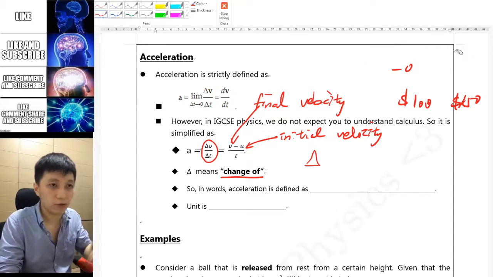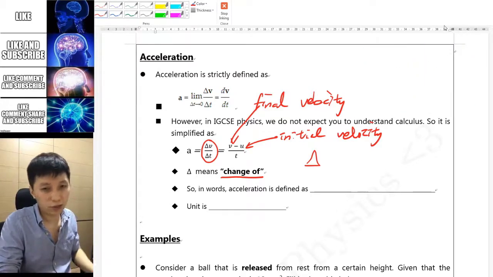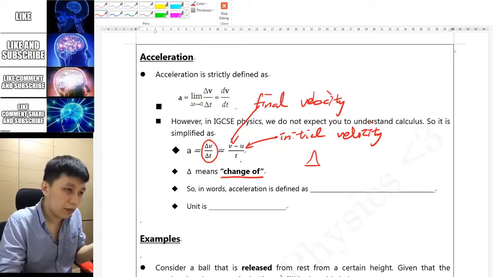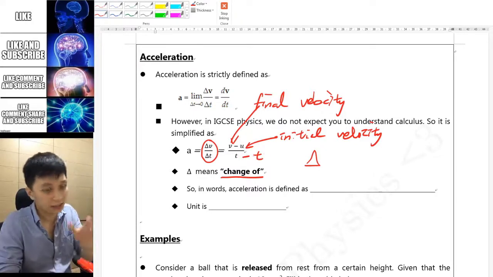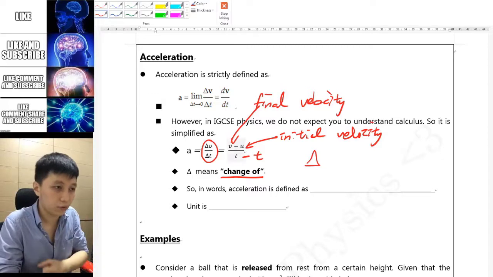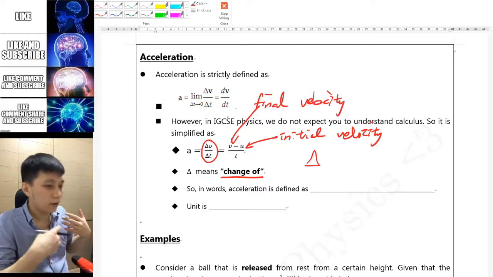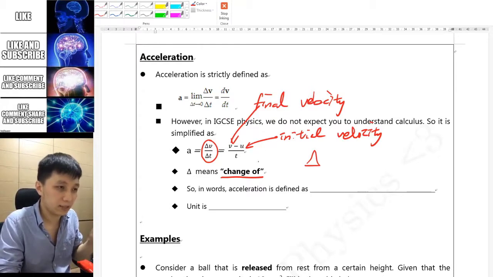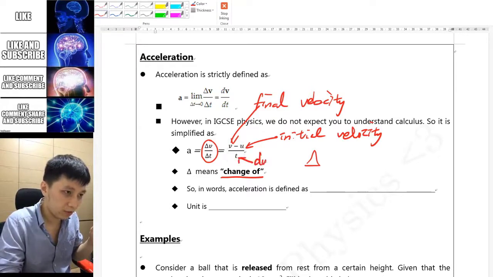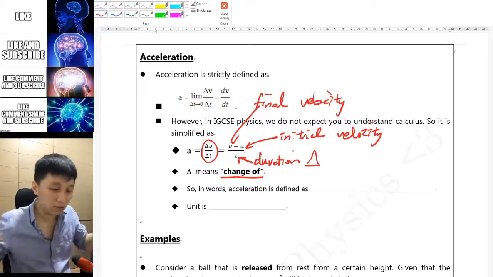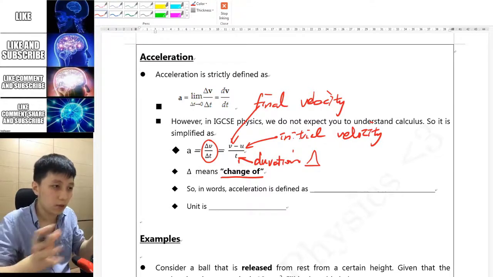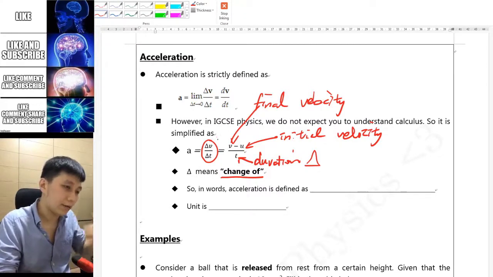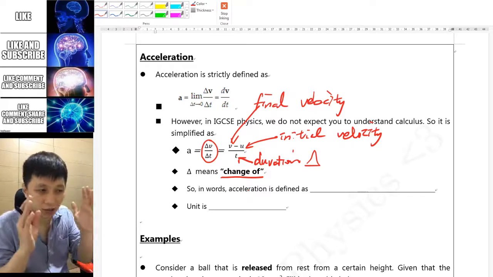So this is the idea as well, same as when you try to calculate the change in physics. As for the time, you may ask, do we have to do a t minus another t then? The answer is yes, if you want to. However, when we try to simplify, usually the time that we refer to is the duration, how long in between that movement or motion. So it is already a change of time.